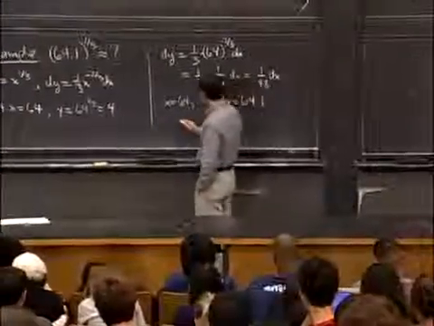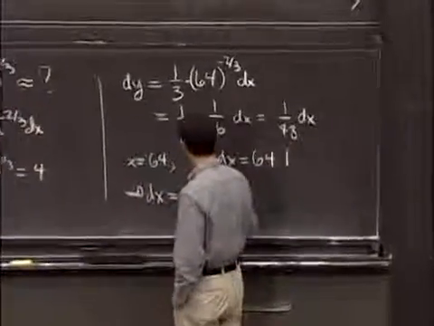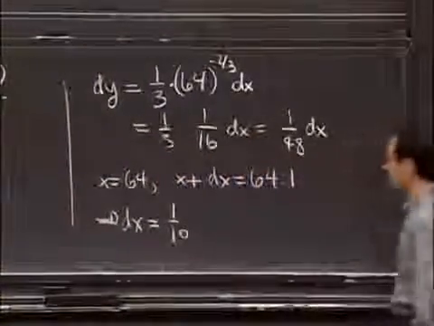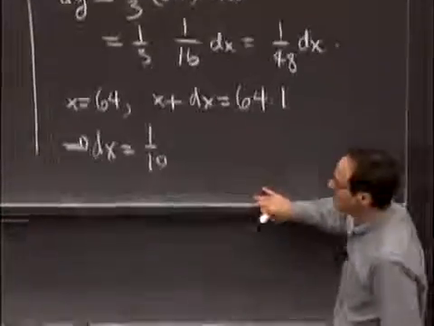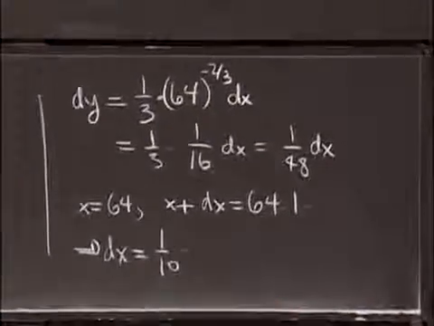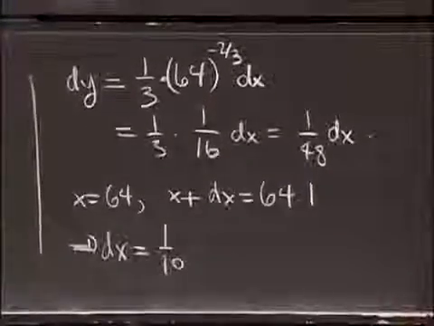So that means that dx is going to be 1/10. That's the increment we're interested in. And now I can carry out the approximation.